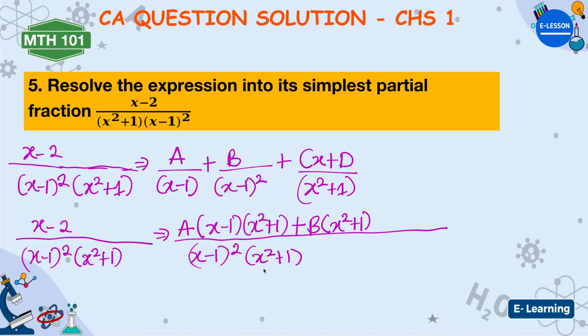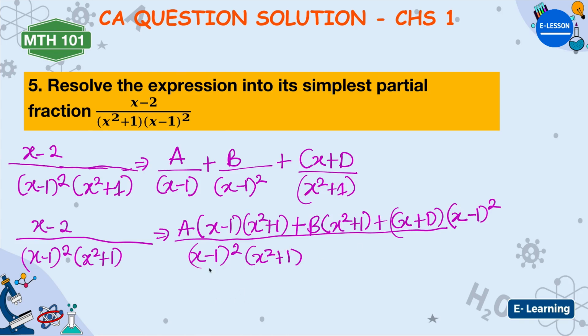Now, my dear students, if this and this divide, this x squared plus 1 will cancel. So what are we left with? We are left with (Cx plus D) bracket. Of course, I said this one and this one will cancel. So we have x minus 1 squared.